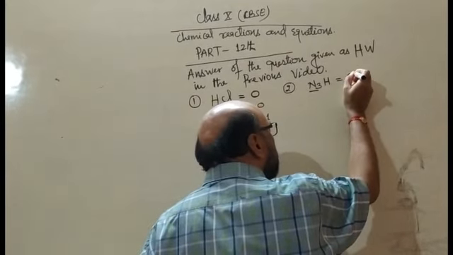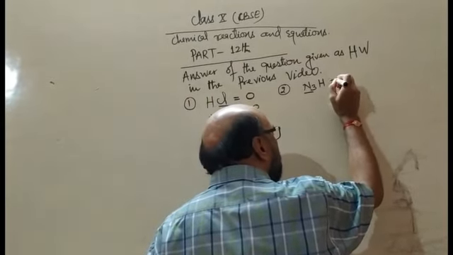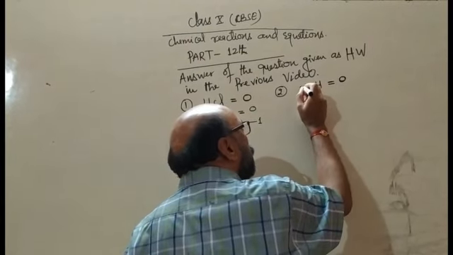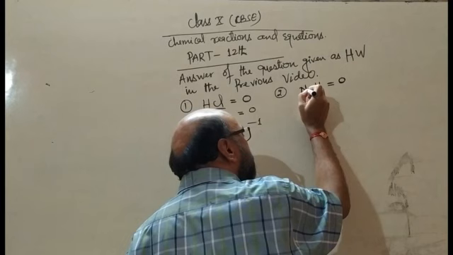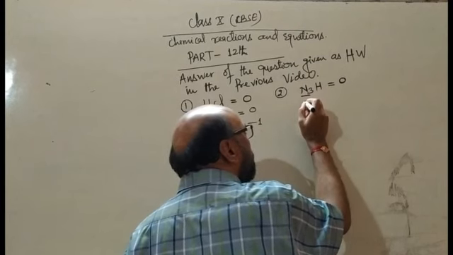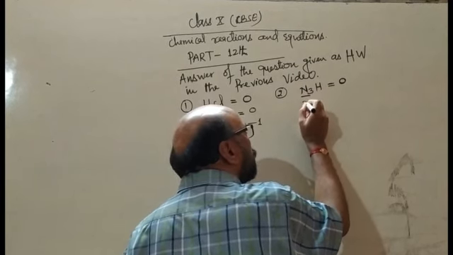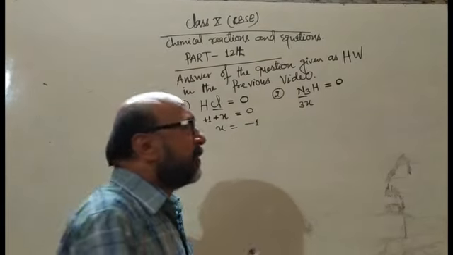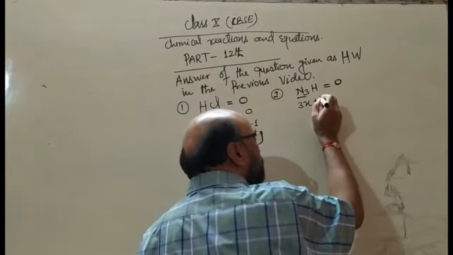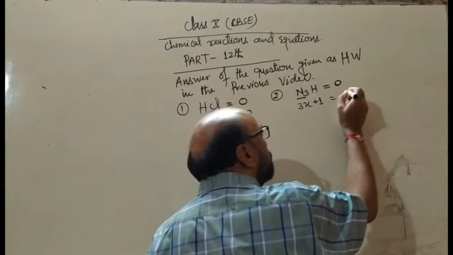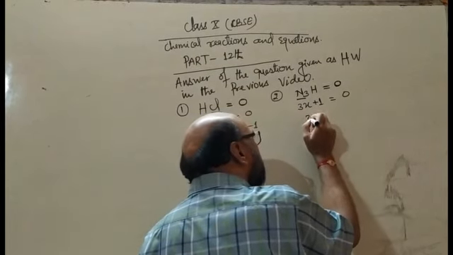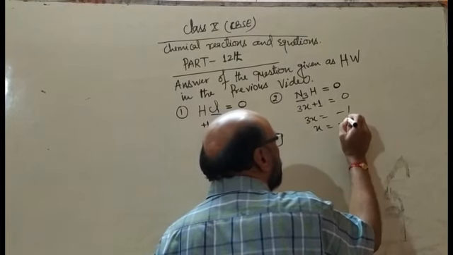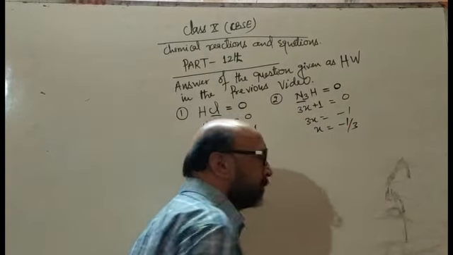The sum of the oxidation state of all elements in a compound is 0. Now, we calculate the oxidation state per atom of the elements. Here there are 3 nitrogen atoms. Therefore, we shall use 3x. And for hydrogen, the oxidation state is +1. Therefore, 3x plus 1 is equal to 0, so 3x is equal to -1, x is equal to -1/3.